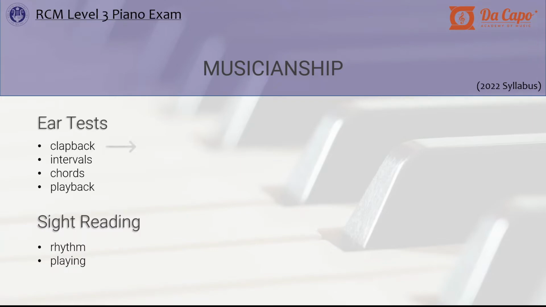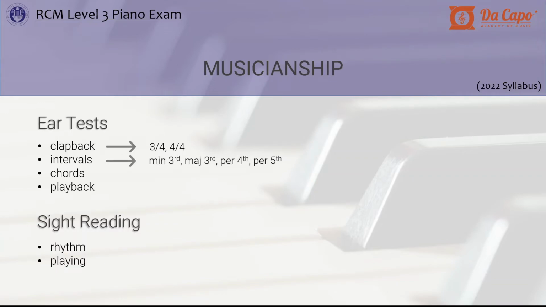For the clapback, it's going to be in either 3/4 or 4/4 time. For those of you that don't know, clapback is when the examiner plays a short melody for you, and then you have to clap it back. All right, intervals.